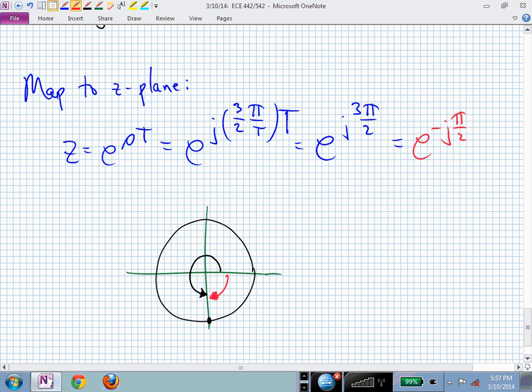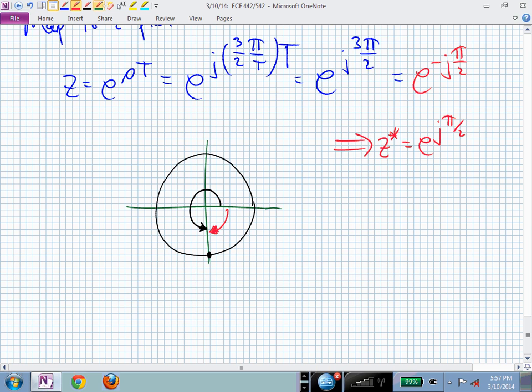And what did I say about numbers and how they appear? They're going to come in complex conjugate pairs. So if we have a pole at e to the minus j pi over 2, we have its twin up here. And so for this z, we also have its conjugate, which is e to the j pi over 2.